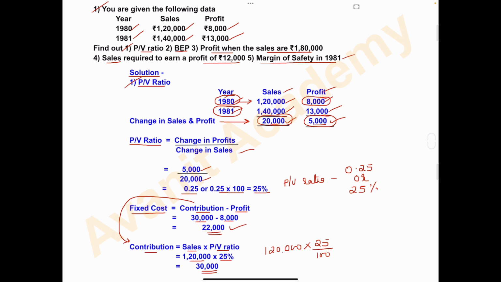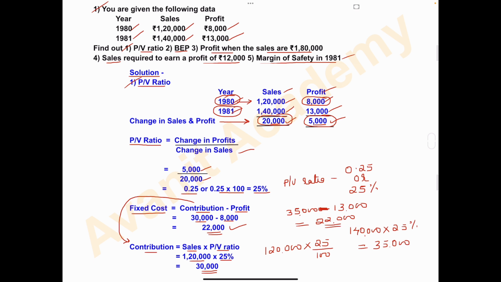In place of 1,20,000, if you take 1,40,000 into 25%, you will get 35,000. And from that, minus the profit amount in 1981, 13,000, you get 22,000 fixed cost.